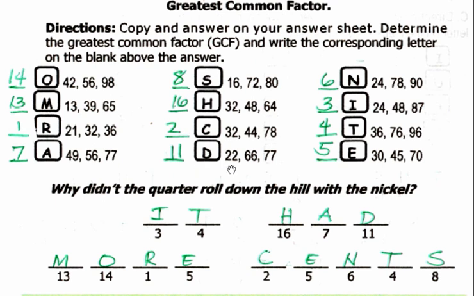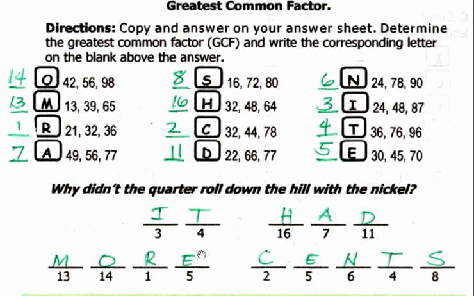Box D, numbers 22, 66, and 77, the greatest common factor is 11. For box N, 24, 78, 90, the greatest common factor is 6. For box I, 24, 48, and 87, the greatest common factor is 3. For box T, 36, 76, 96, the greatest common factor is 4. And for box E, 30, 45, and 70, the greatest common factor is 5.